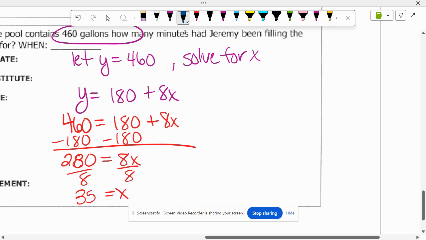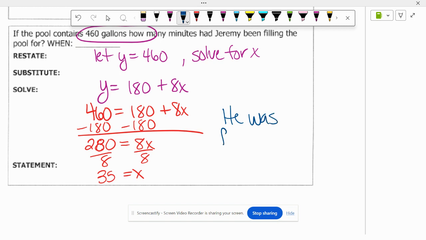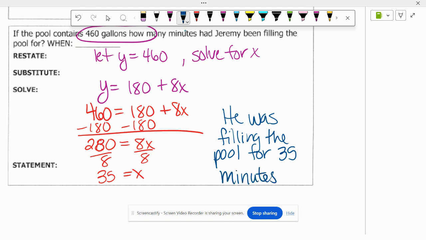If the pool contains 460 gallons, how many minutes had Jeremy been filling the pool? He was filling the pool for 35 minutes. You guys are all rock stars. I appreciate that.